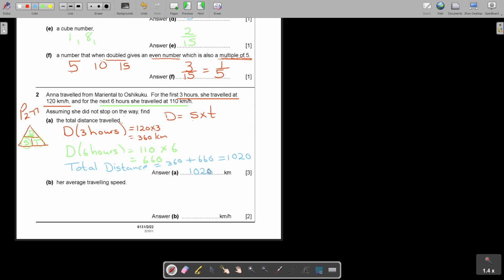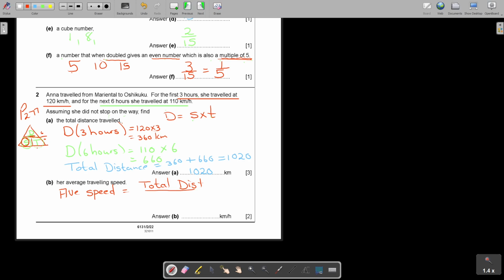Okay, so her average traveling speed. Don't forget that average speed is total distance divided by total time. Remember, speed is distance divided by time.